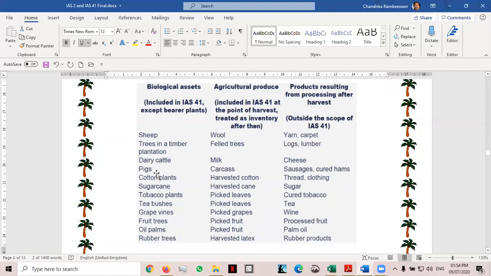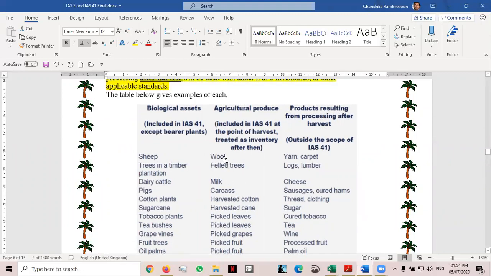So for example, sheep, IAS 41; wool, note, at the point of harvest, meaning when the wool is shorn. But beyond that, products resulting from processing after harvest, when the wool itself is converted into yarn and carpet and whatever else it's used for.